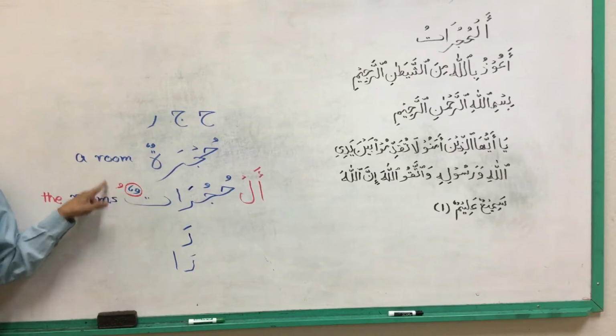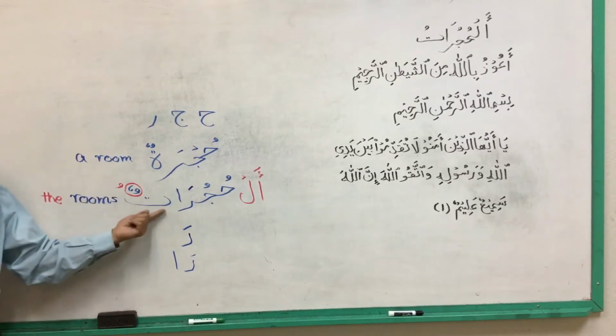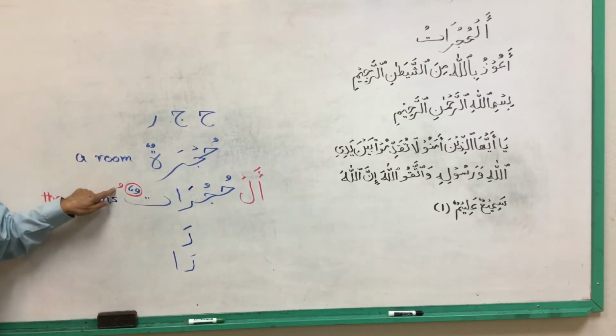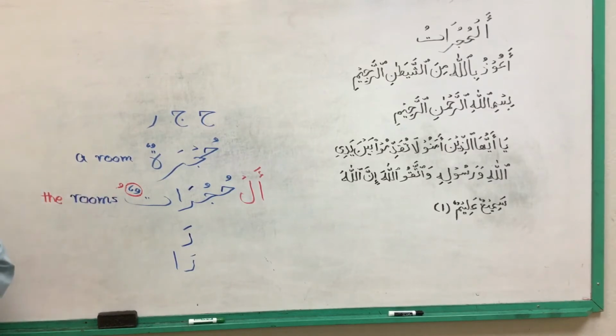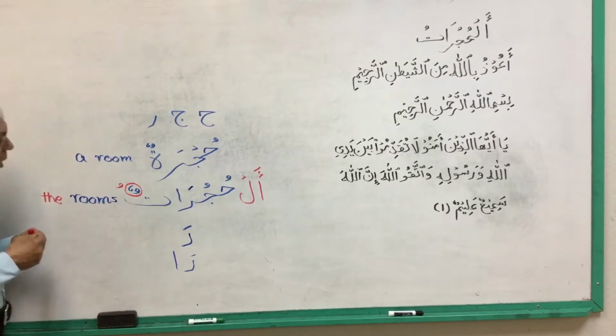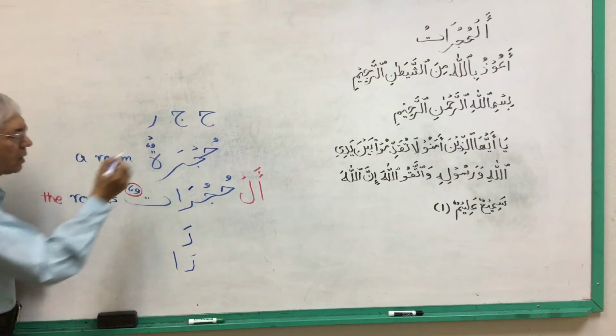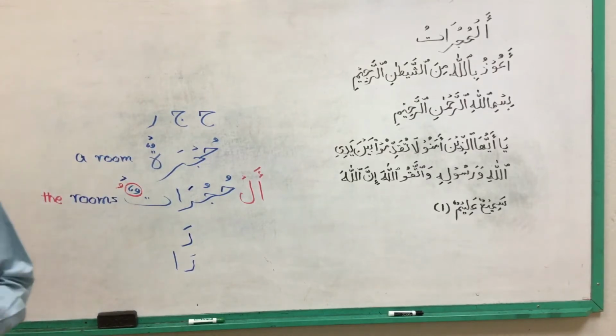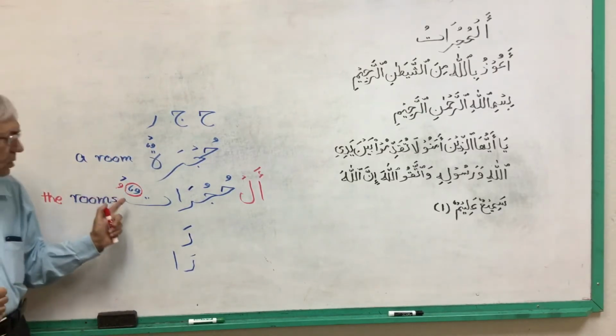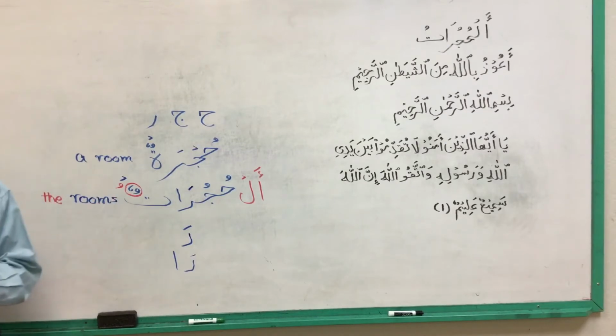Whatever the last letter's sound is, you always change it into the sound of sukoon. So there is a sukoon here and a sukoon there. Hujrah. And this is hujurat. Al-hujurat. Okay? Very important things, because the meaning will change, the sound will change, a lot of things will change.